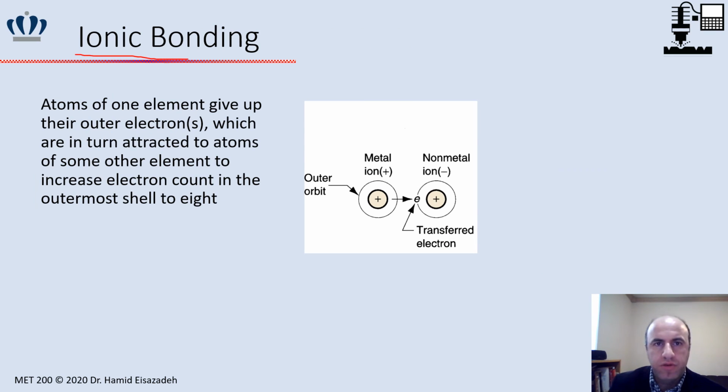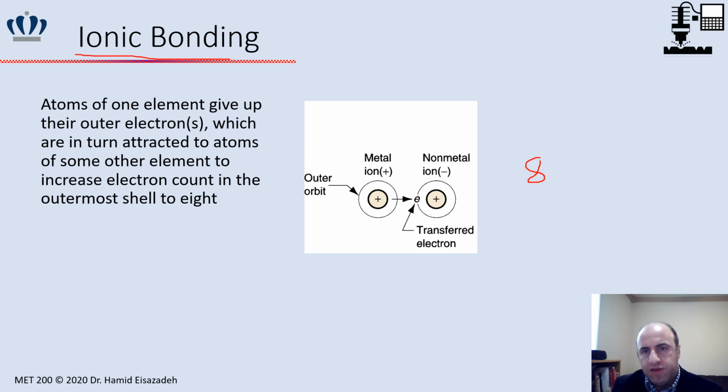The first bond is called the ionic bond, and this type of bond involves exchanging the valence electrons in order to increase the electron count in the outermost shell to 8. Why 8? Because 8 electrons in the outer shell is the most stable atomic configuration, and nature provides a very strong bond between atoms that achieve this configuration.